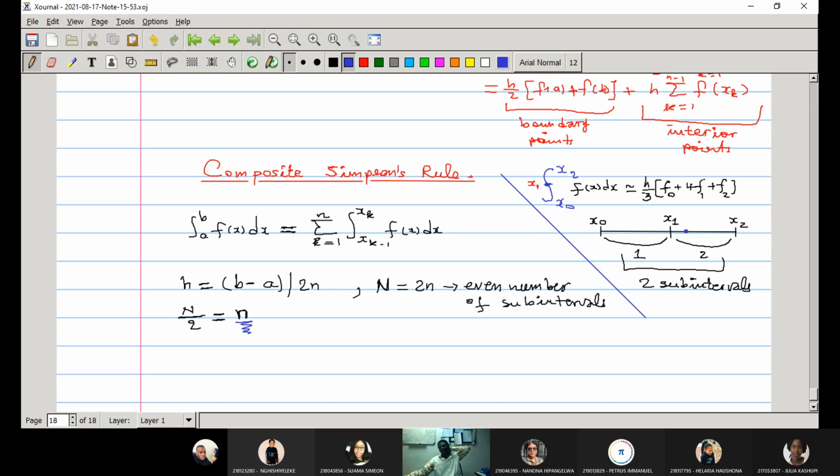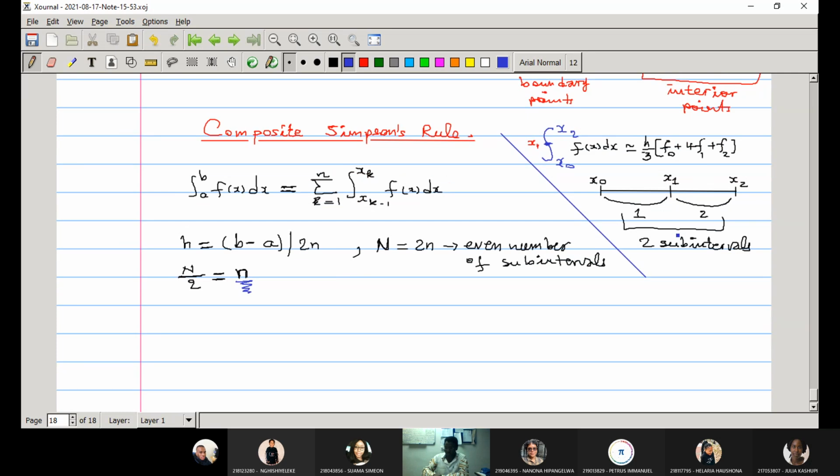And 1, you can write as 2 minus 1. All right. So what I'm saying is that when I write my subinterval in this form, I can relabel it.